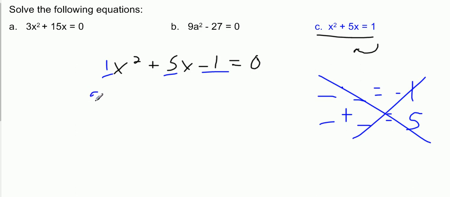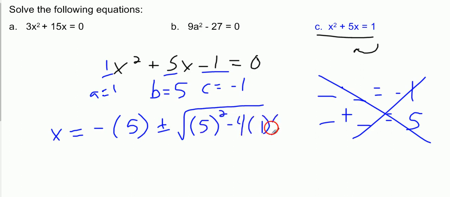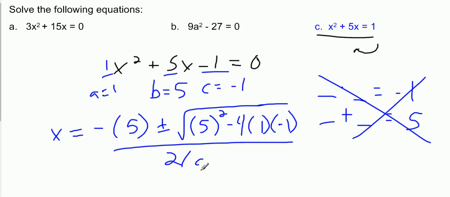So my A equals 1, right? The signs are important. The B equals 5, and the C equals -1. So when you do the quadratic formula, you have negative B plus or minus the square root, and I always put parentheses in even if I don't need them, b squared minus 4ac, right, all over 2 times a.